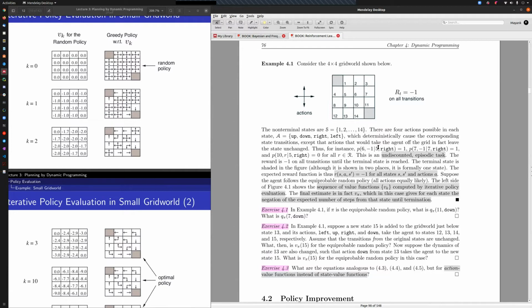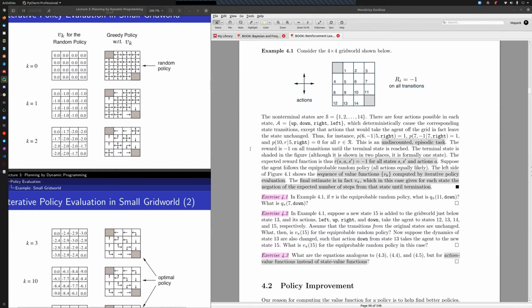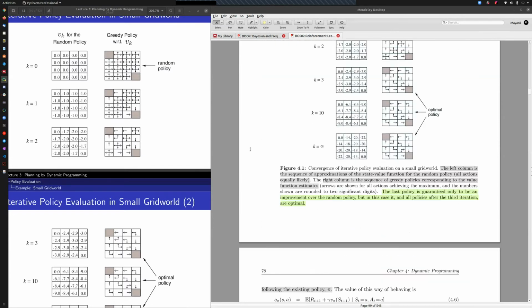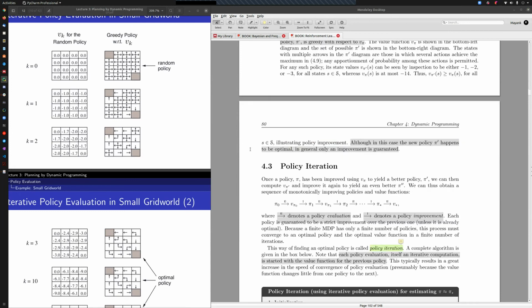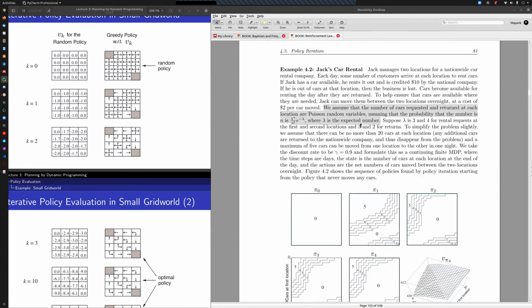But later he says that we treat this as a continual task. So this is about Jack's rental problem. Okay.